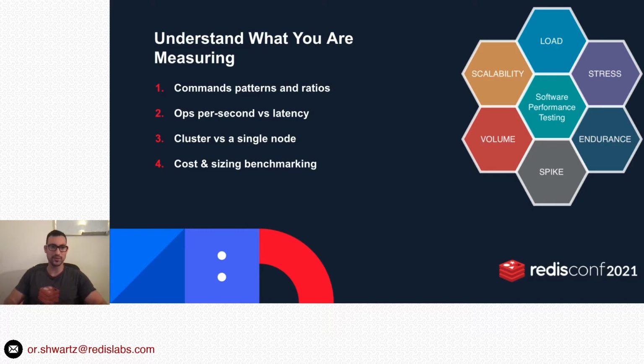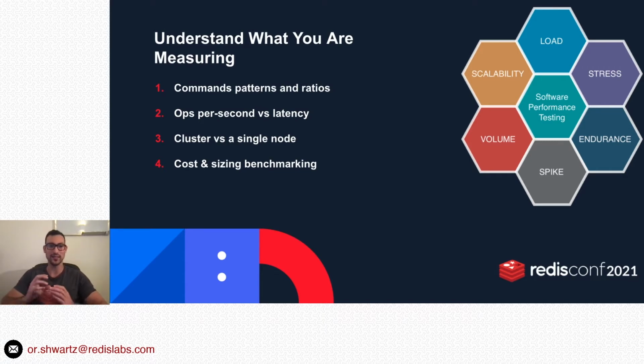For example, if your application is writing 10% of the time and reading 90% of the time, then you have no use for a benchmark that checks for 50-50 reads and writes, because it doesn't mimic your application. So you will never understand what your application is capable of. So please profile your application first.